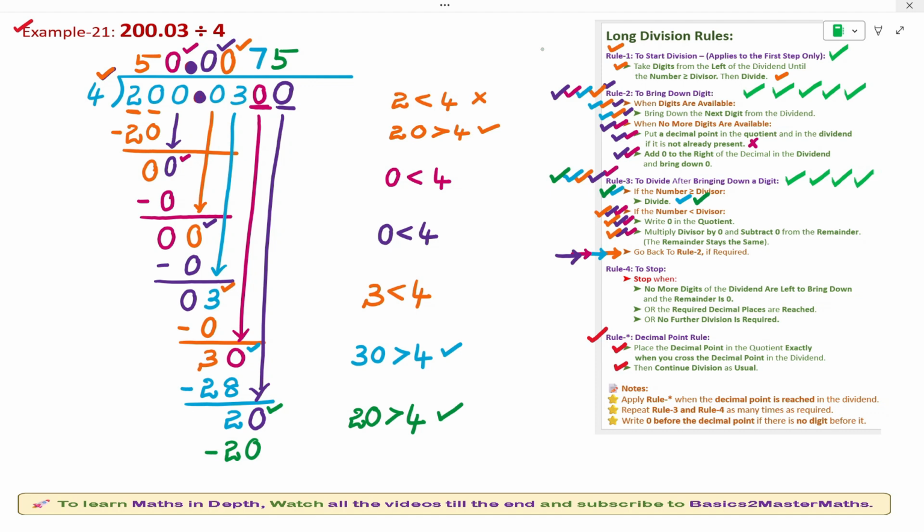So you will get 0 as the remainder and 50.0075 as the quotient. Now, rule 3 is complete for the fifth time.